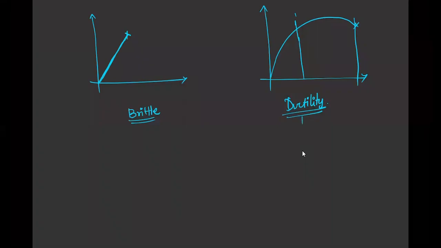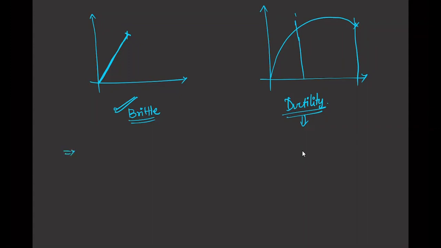So ductility tells us about the property of a material regarding plastic deformation before fracturing, whereas brittle materials fracture before any plastic deformation itself. That's the difference between these two.